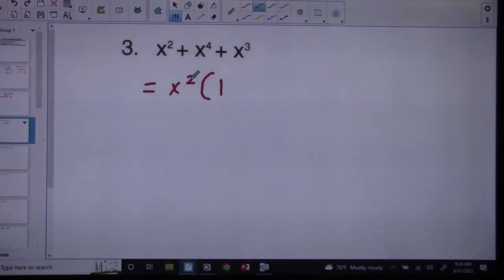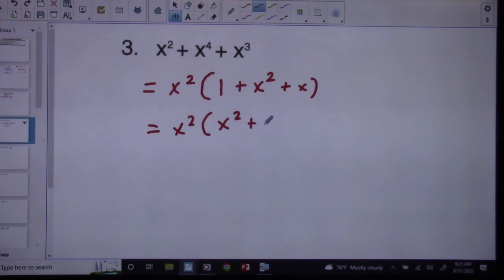And what times x squared equals x to the 4th? x squared. And finally, what times x squared equals x cubed? X. And for these, I want you to do one last step: to make it look prettier and more conventional, I want you to rewrite this in standard form. So we'll put x squared plus x plus 1. Okay?